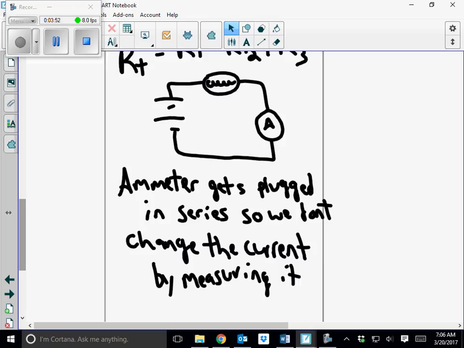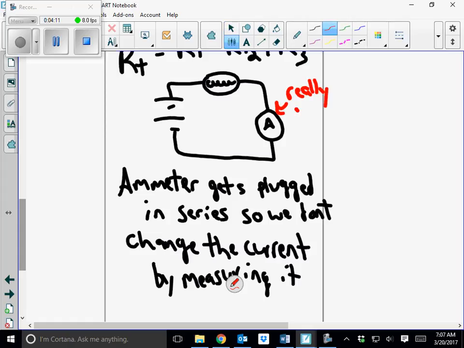Okay, hopefully you said it would have a super low resistance, because resistance changes the current. Resistance doesn't like the flow of electrons, and current is how fast the electrons are flowing. So an ammeter would have really, really low resistance.